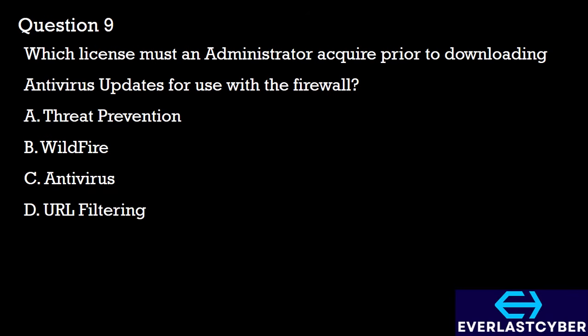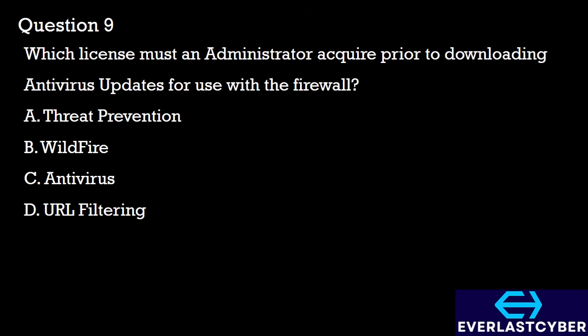Wildfire license is used for advanced malware analysis and detection in a sandbox environment, but it is separate from basic antivirus updates. In option C, while the antivirus option might seem correct, there is not a separate antivirus license. The antivirus updates all fall under the threat prevention license.